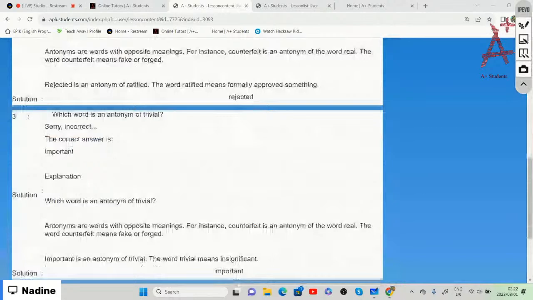If something is insignificant, then the opposite of trivial is important, right? It's important. And the meaning of trivial is insignificant.